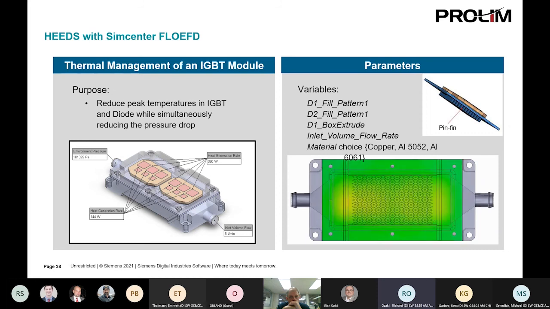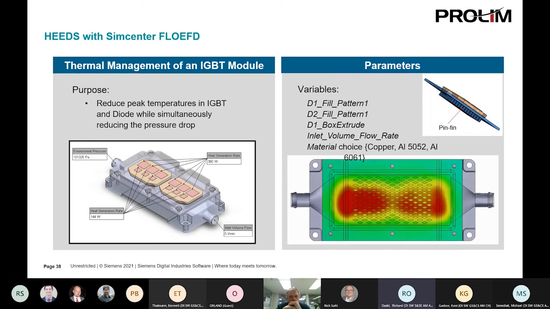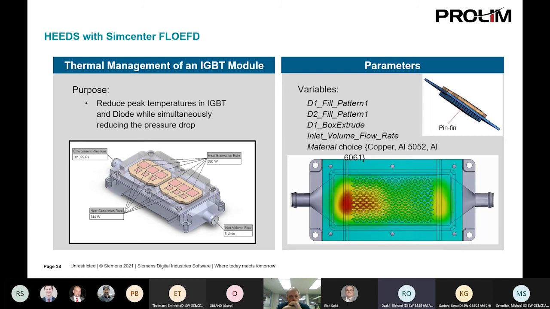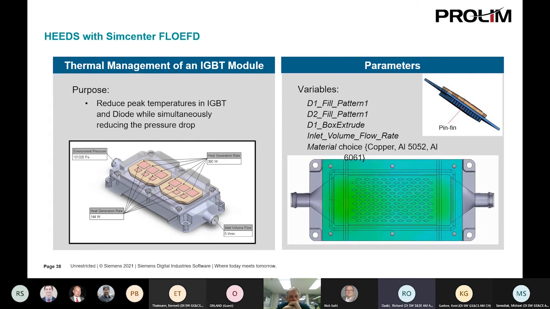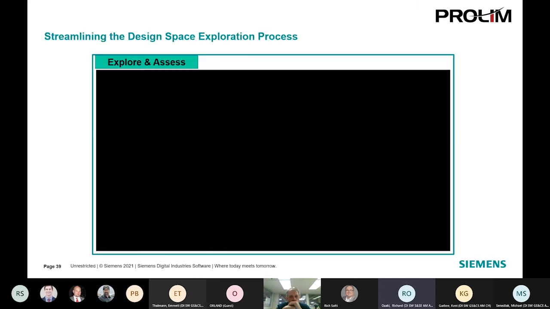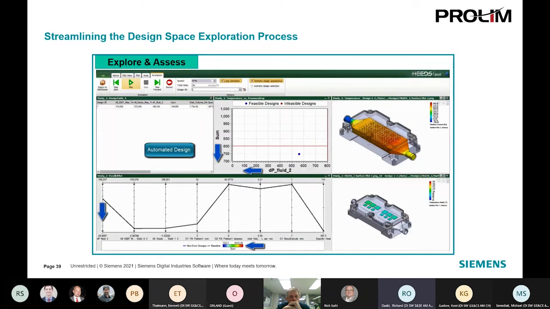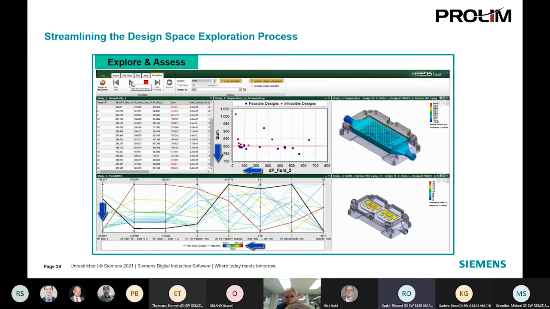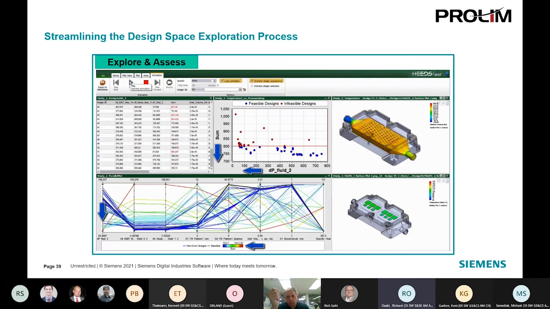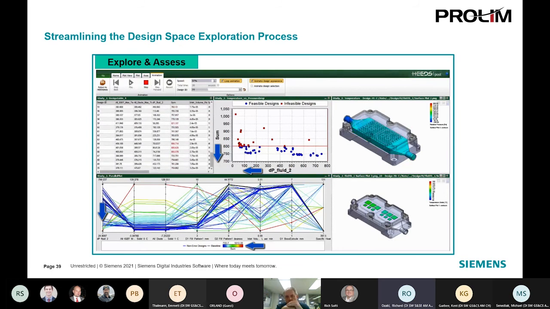Again, this is just in a single tool. And say that the software finds an optimum, it can then pass that to structural, it can pass that to the system simulation, and all of that is controlled and driven by HEADS, and the data is stored in Teamcenter for simulation. So it's a way of very painlessly performing these what-if studies without having to manually set them up and keep an eye on things, because HEADS is designed to form these variants, keep track of them, and intelligently store that data.